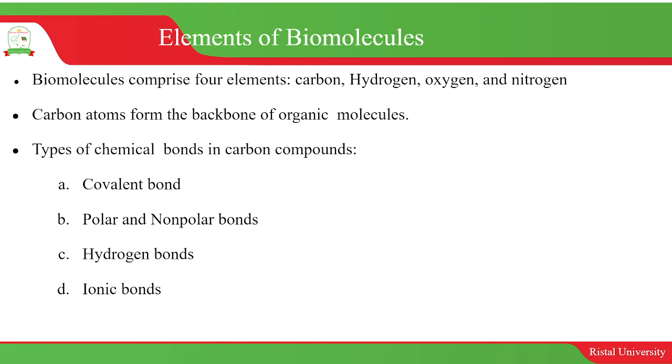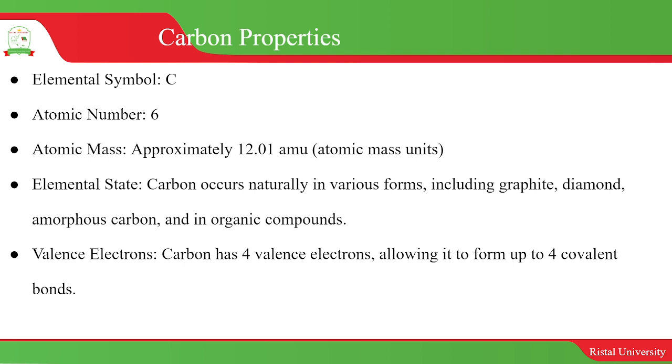Carbon is very unique because it can form a number of bonds with itself and also with other atoms. And we have four types of bonds: covalent bonds, polar and non-polar bonds, hydrogen bonds, and ionic bonds. These are the ones we are going to need to focus on.